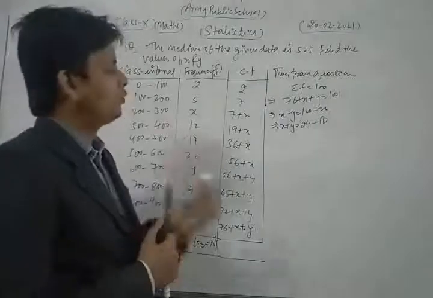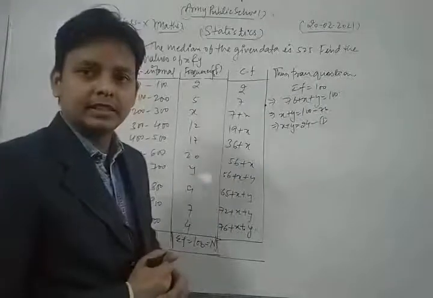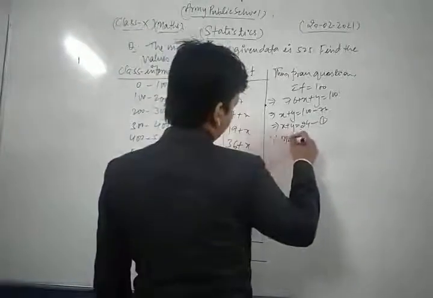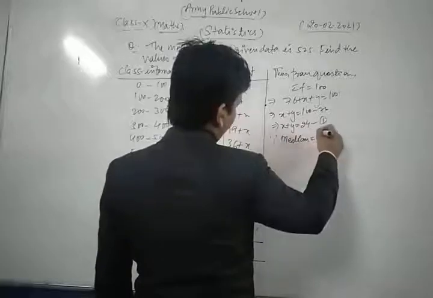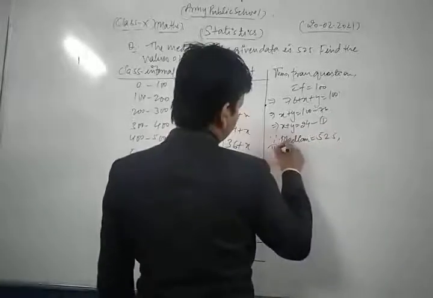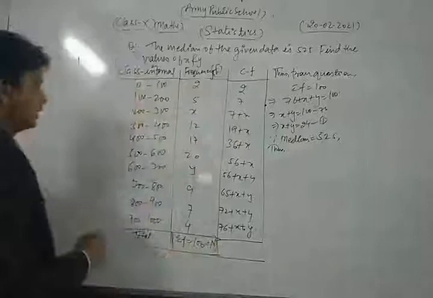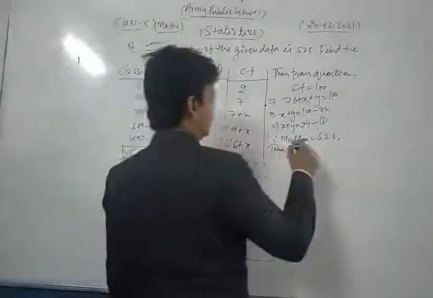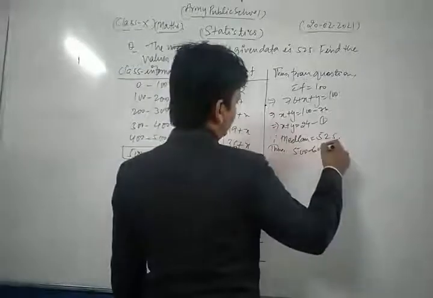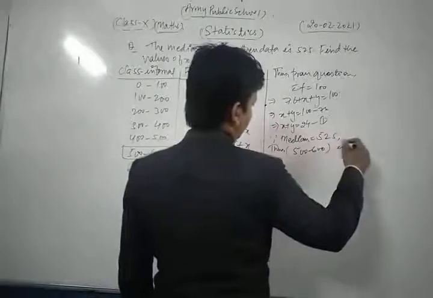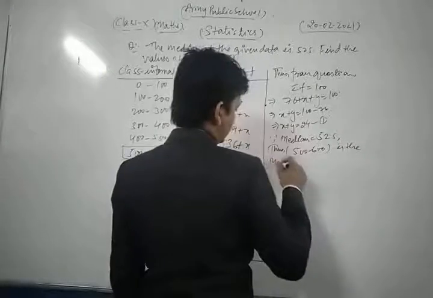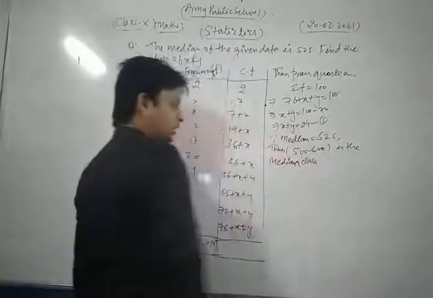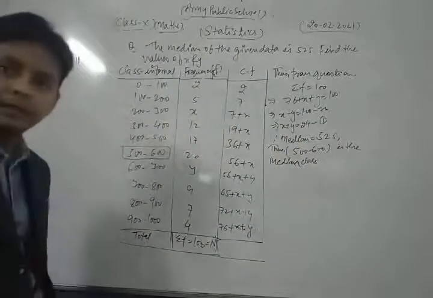Since the median of the given data is 525, the median class is 500 to 600.